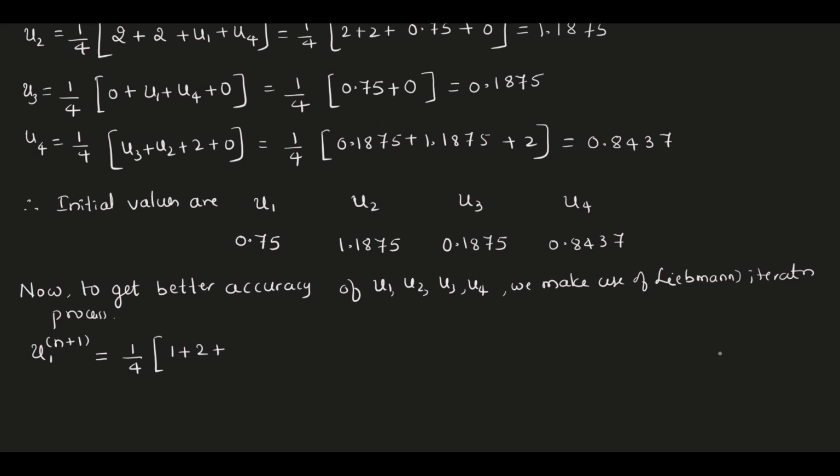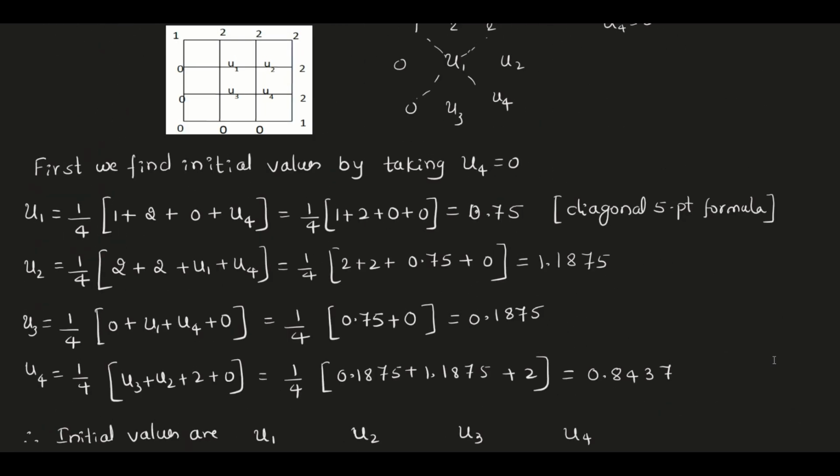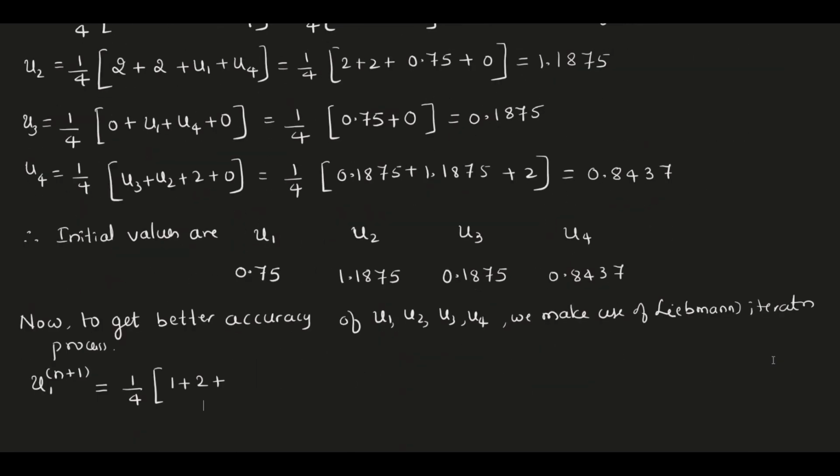Use the standard 5-point formula. Yes, that is the standard 5-point formula. What will be the u1 formula now? u1 is 0 plus u2 plus u3 plus 2.